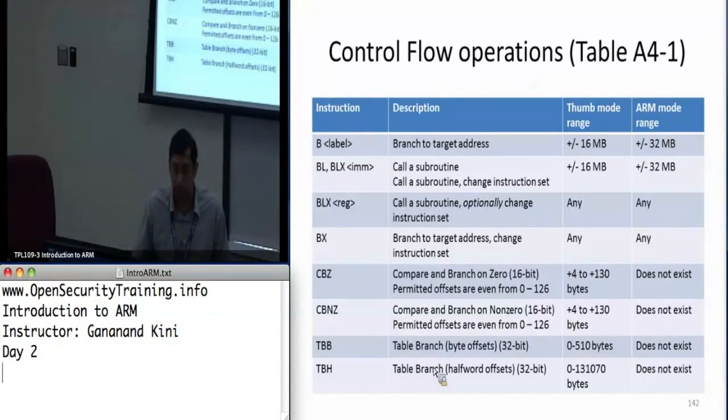What it's going to do there is take the offset added to the value in PC, read the byte there, add 2 times that byte to the current address, and then jump there. And TBH does exactly the same thing, but instead of reading a byte at that address, it reads a half word. So you get a larger range, essentially, for jumping.